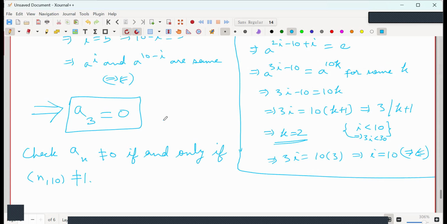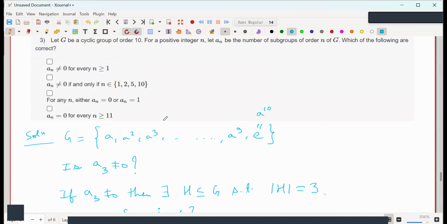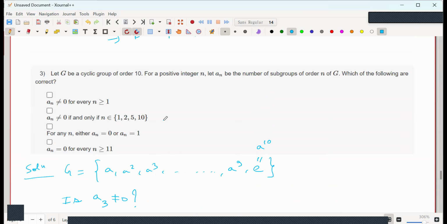Okay. So that means the first option is not correct, because we have already checked that A3 is non-zero.